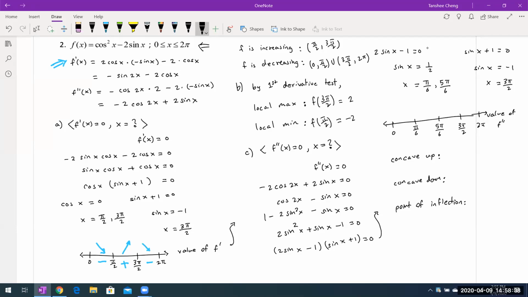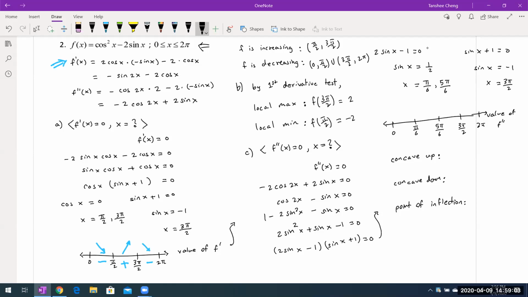Okay. So now we got part A and part B, and part C is talking about the concavity. To talk about concavity, we are looking at the value of the second derivative function. So first we need to know at which x value the second derivative function will be equal to 0.